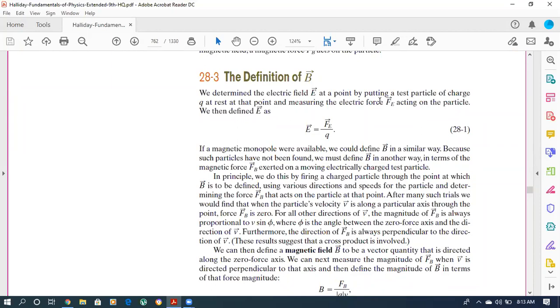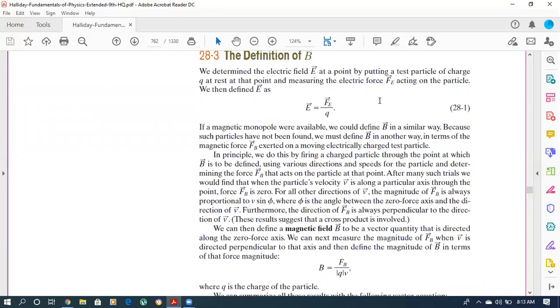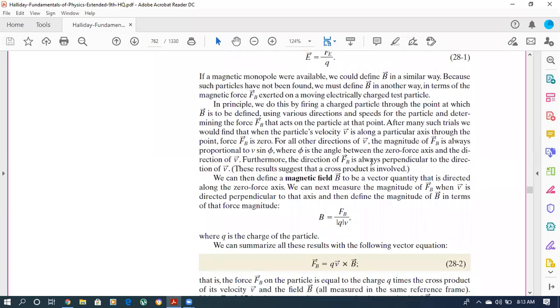So it may be attracted toward the charge or repelled by that charge. There is some similarity between electric field and magnetic field. An electric charge will apply an electric force on another charge, depending upon the magnitude of the charges, and it also follows Coulomb's law, which is an inverse square law.